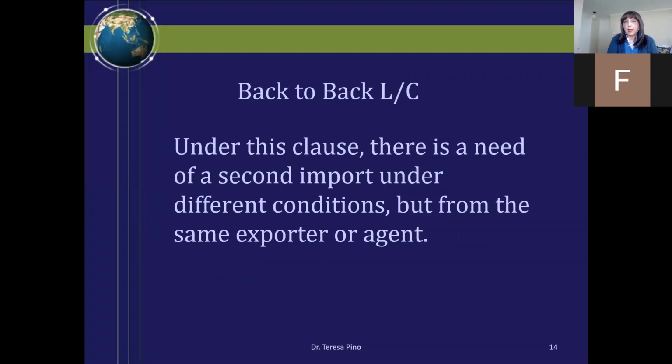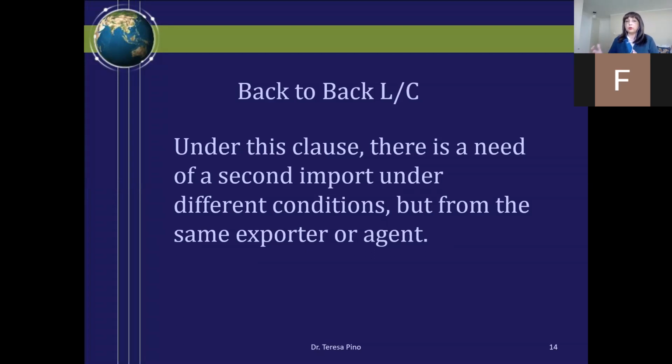And then we have the back-to-back letter of credit. The back-to-back means that you open one letter of credit for an import. Let's say that you're importing a container of toys, and then you sell your toys here. You consider that it was a good deal and you made good money on it. So you want to import again, but maybe more or maybe less.